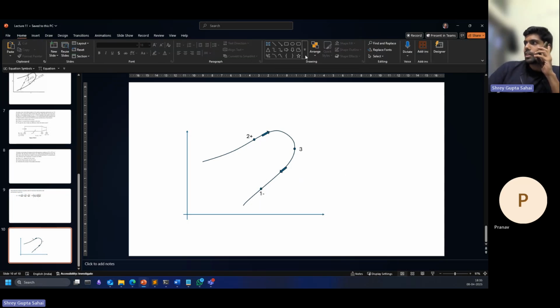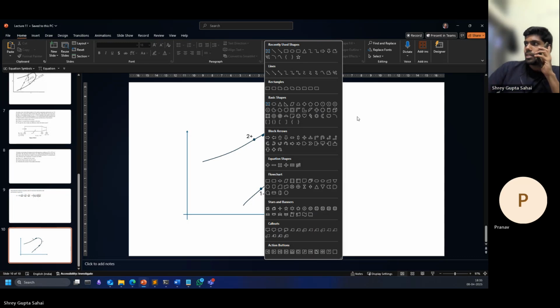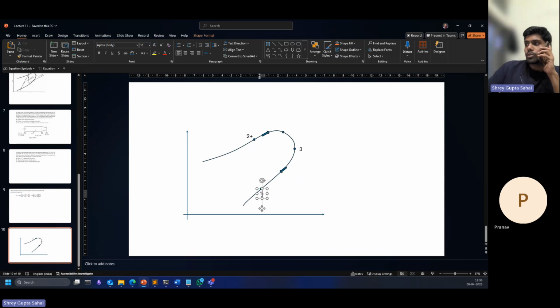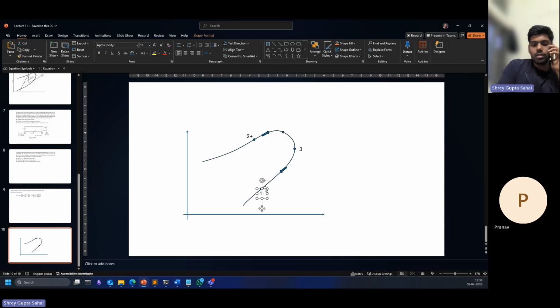Let me draw that. But then 1 plus and 2 cannot be isentropic. If it throws it off somewhere like this, see, the argument you're making is also not possible. That cannot be a normal shock.